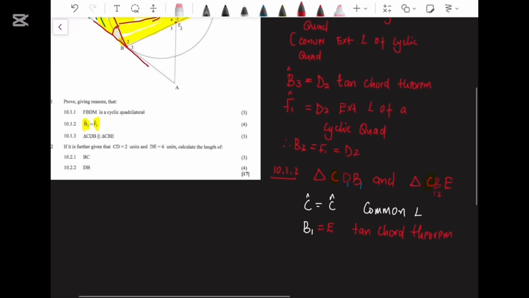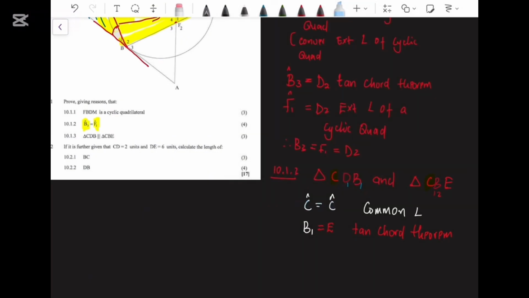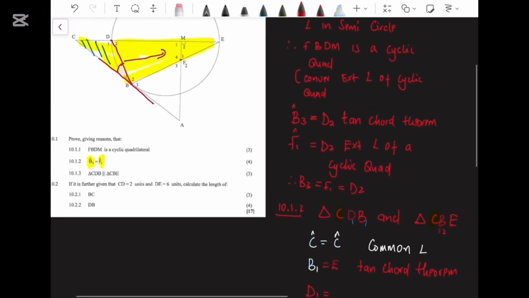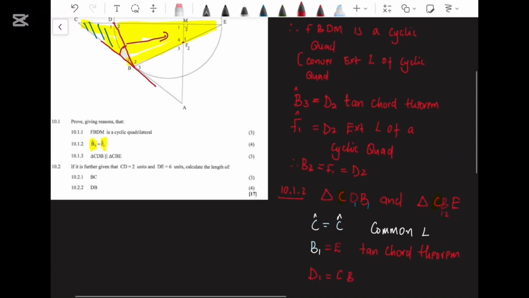And then now we have two pairs of angles that are equal, and the third one is also equal. So we can conclude that D1 is equal to B1 plus B2. I can just call it CBE.